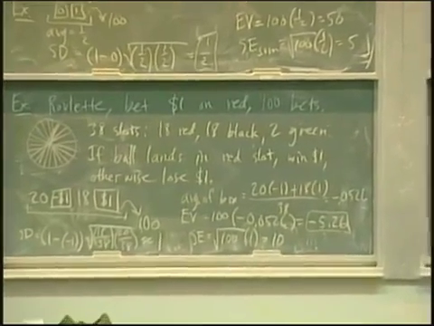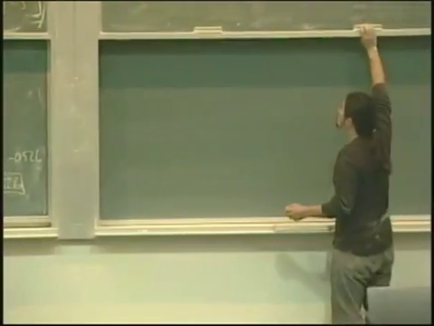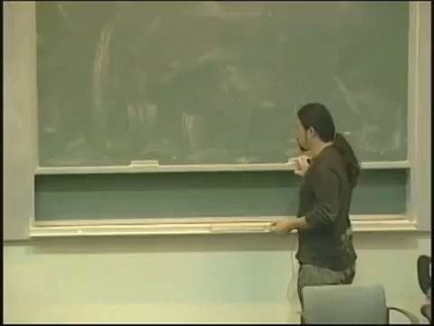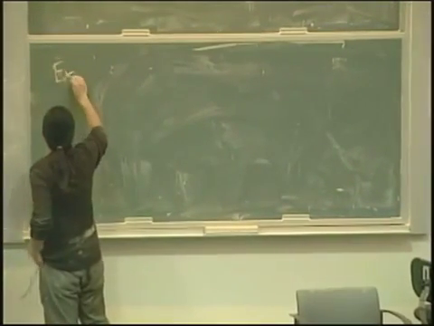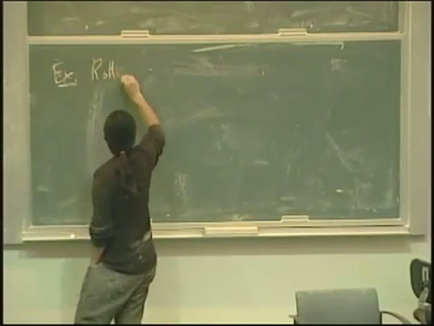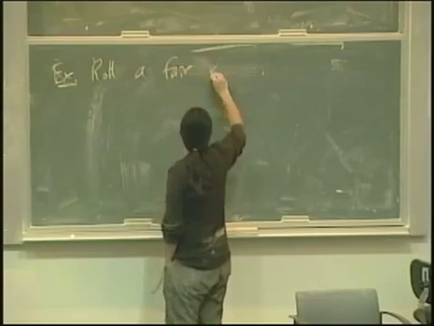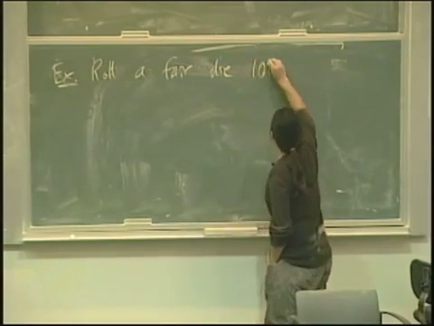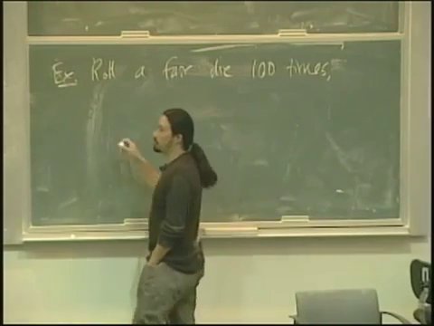Another example, just do real quick. Suppose I roll a fair die 100 times, and I want to count the number of sixes.